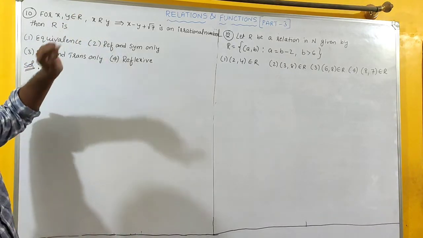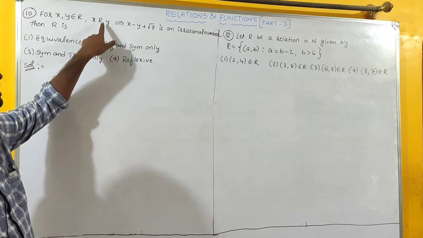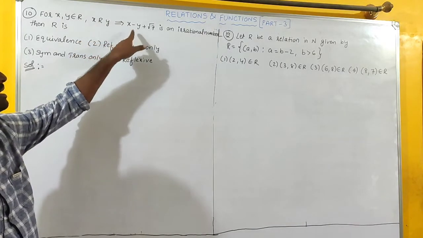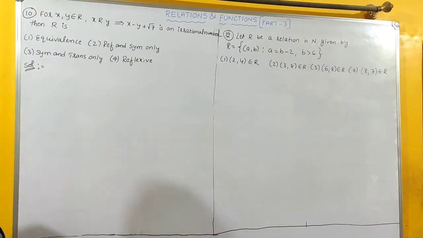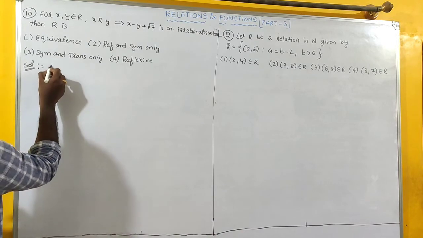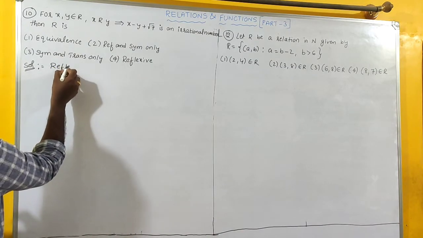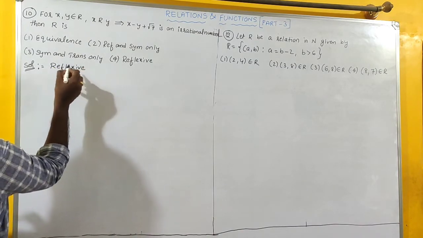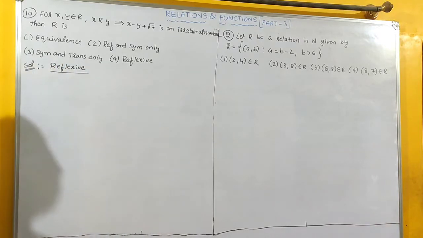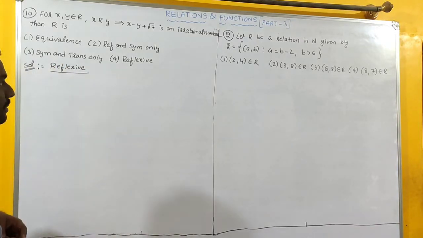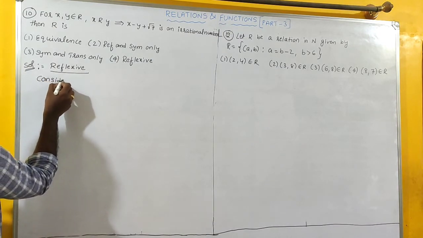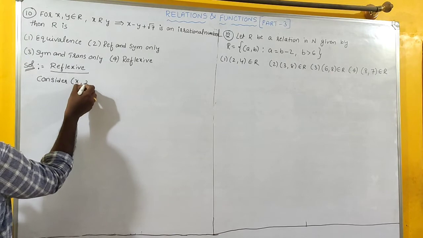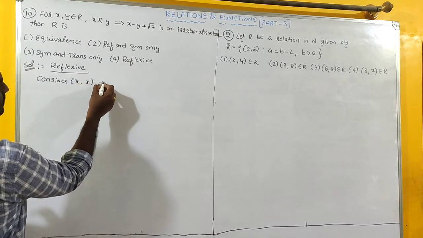For (x, y) belongs to R and x related to y, such that x minus y plus root 7 is an irrational number. We need to verify reflexive, symmetric and transitive. So first I am verifying reflexive. In reflexive, we need to take both elements the same, (x, x).